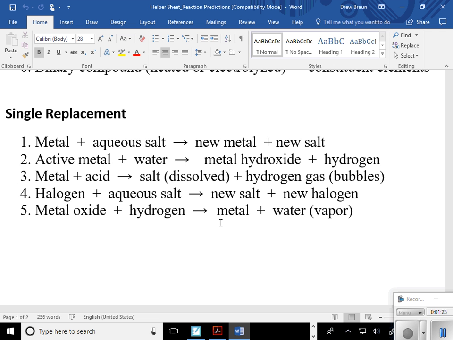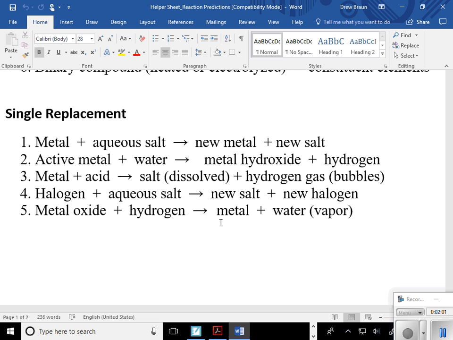Metal plus an acid will give a salt and hydrogen gas. A halogen with an aqueous salt will give a new salt and a new halogen. It's important to note that all of these single replacements we're dealing with metals or hydrogen, except for number 4.